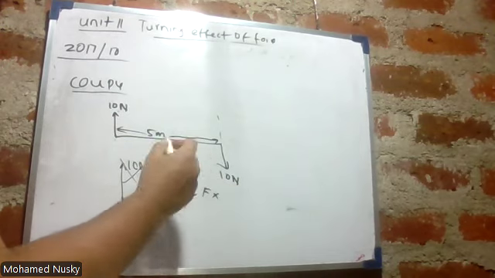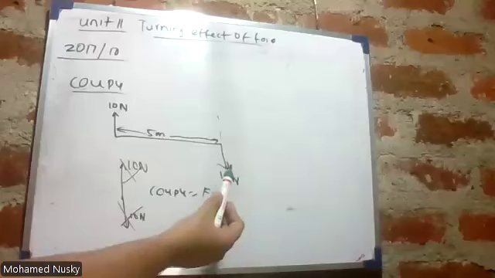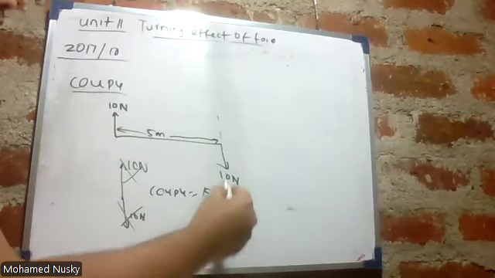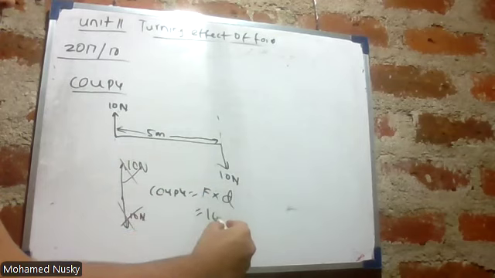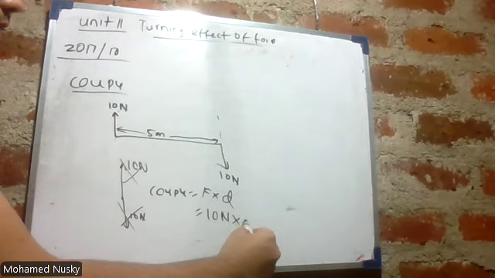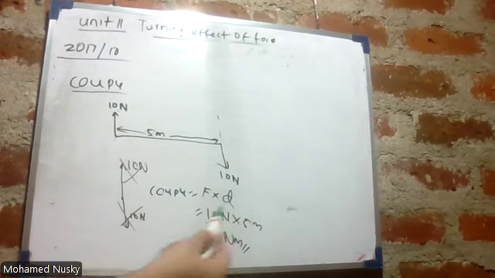force into the distance between the lines of action of both the forces. That is d. So what is the force? 10 Newton into distance 5 meters. Therefore, couple is 50 Newton meter.